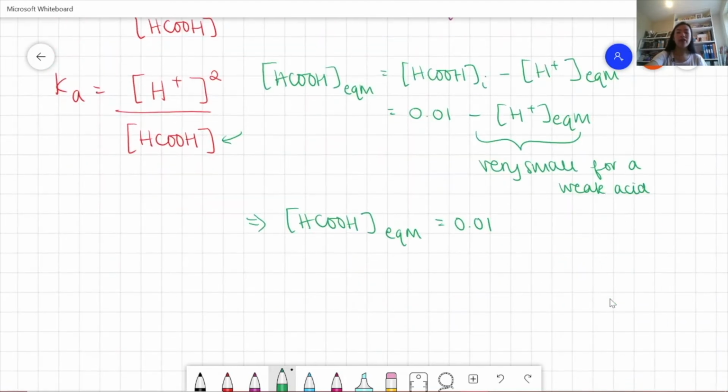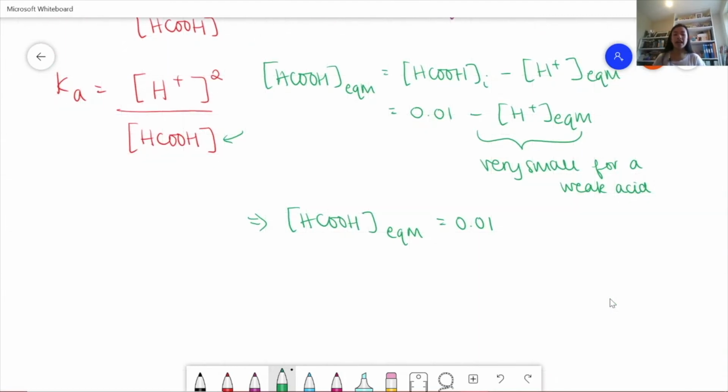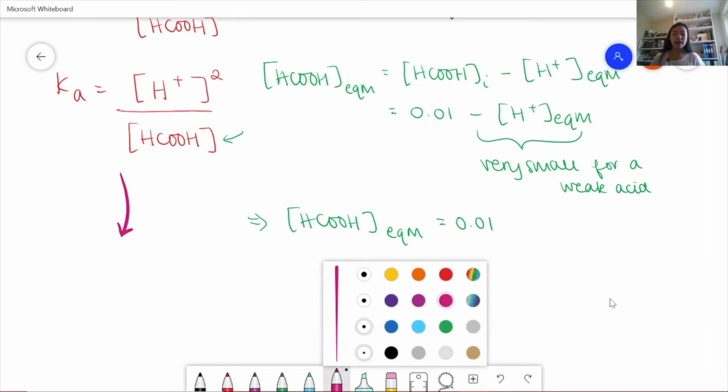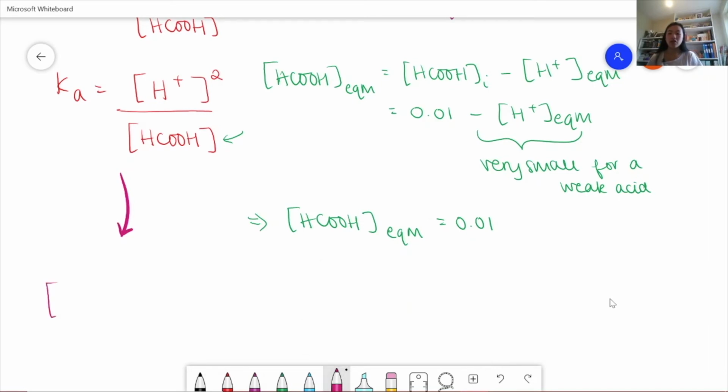And so now, rearranging our equation for the Ka, we will be able to find the concentration of H plus ions in order to find the pH. So we're just going to rearrange this. So we get that the concentration of H plus ions is equal to the square root of Ka multiplied by the concentration of this methanoic acid at equilibrium.